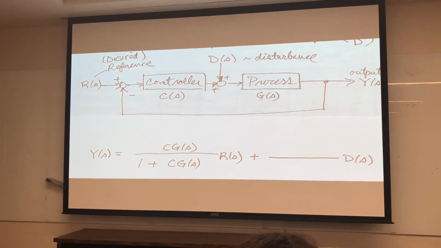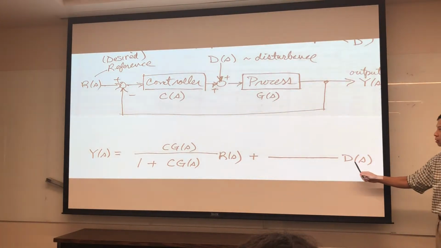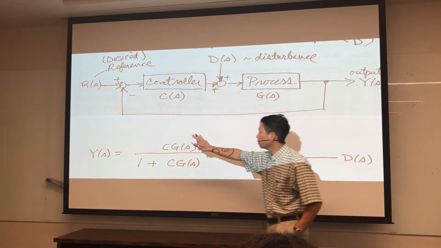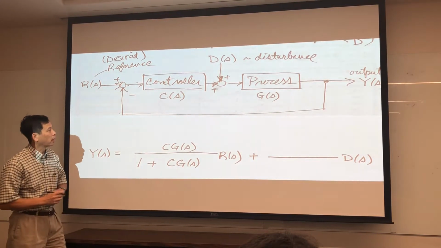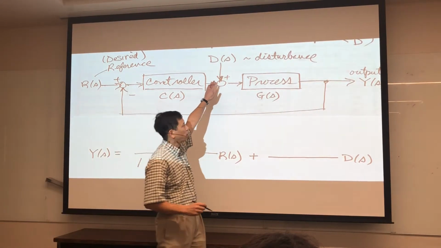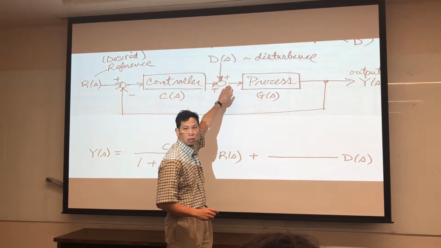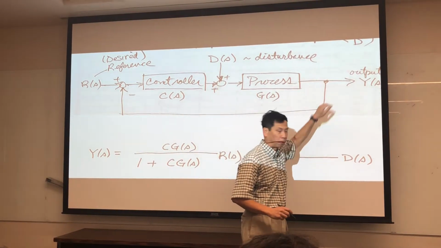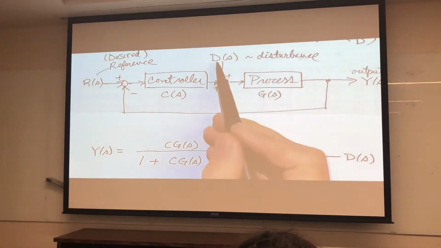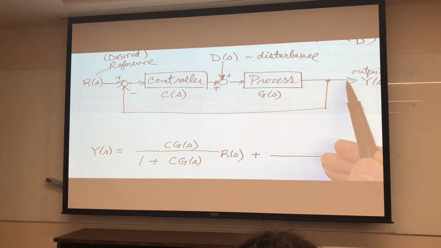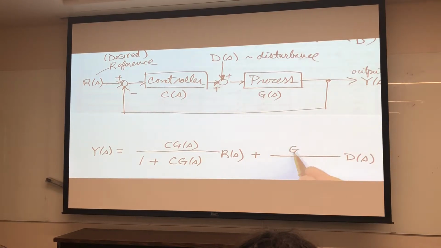Now let's take a look at the transfer function from the other input. So let's ignore now the effect of R. Take it out, make it 0. And now let's take a look at the effect of this input to that output. So again, the forward gain from D to Y is G of S. And then we have to say 1 minus the loop gain.